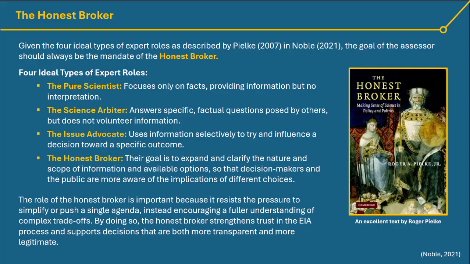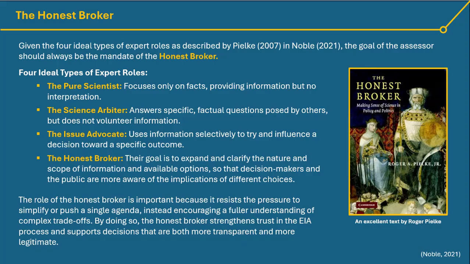And then we have the issue advocate. This one's kind of interesting and maybe a bit controversial, right? The issue advocate has a position. They use data, but they're trying to steer the decision towards a specific outcome. Maybe they're pushing for a project to go forward because of economic benefits, or maybe they're advocating against it due to environmental risks.